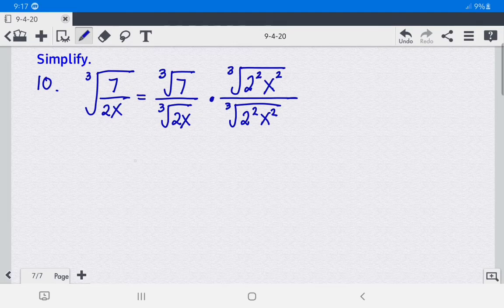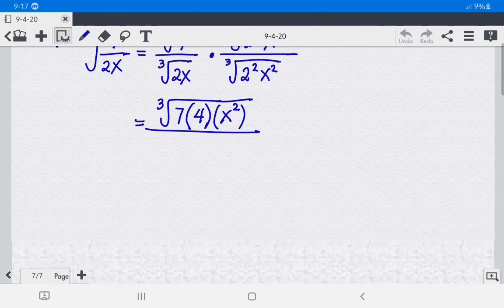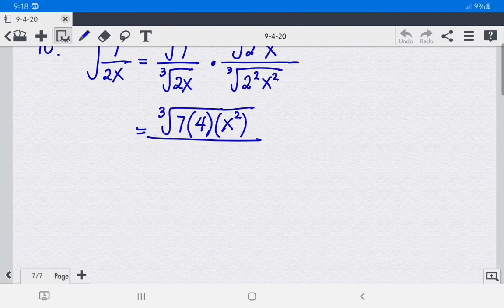Next, we have here cube root of 7 times 2 squared is 4, then times x squared. Okay, so we have x squared over cube root of 2 cube, because we add the exponent. So we have 1 plus 2, we have 3.